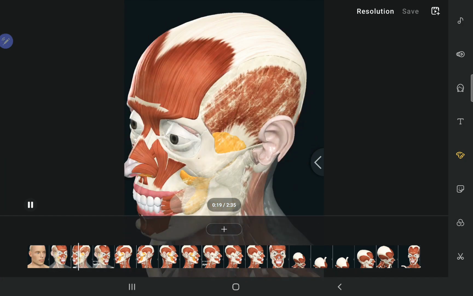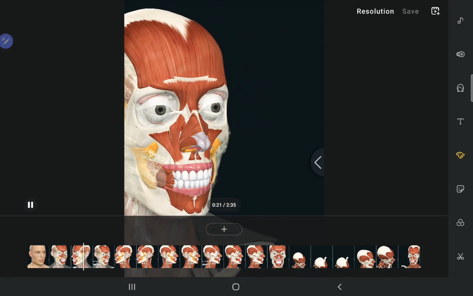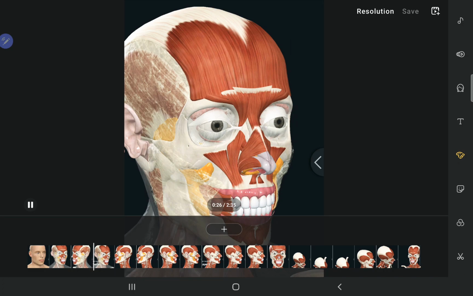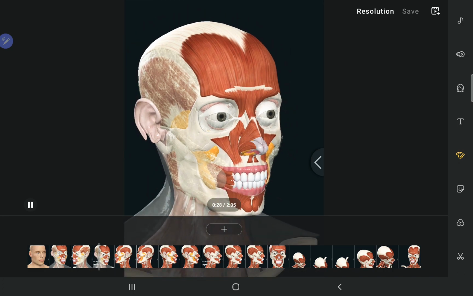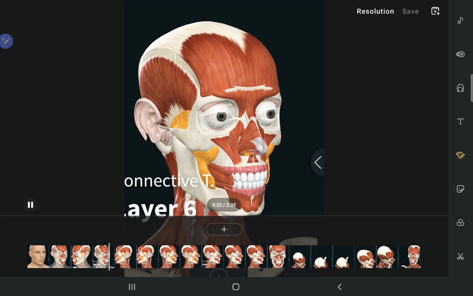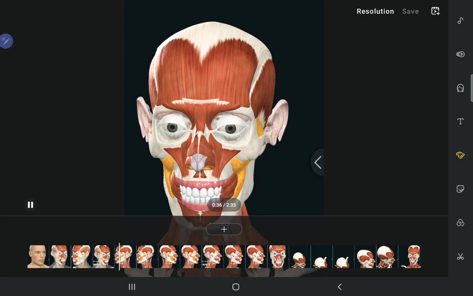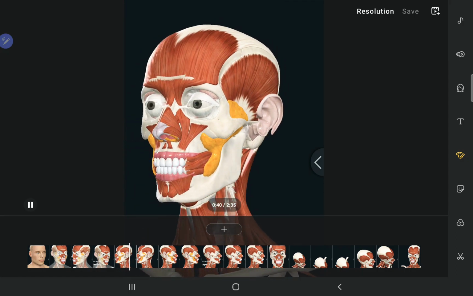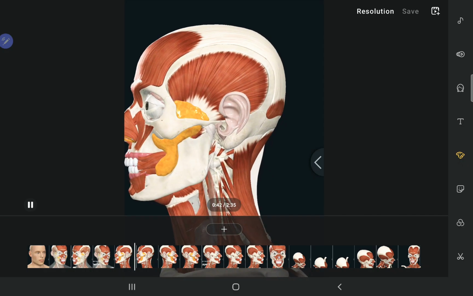I am showing you the superficial fascia, the white color, if you can make out beneath the skin. This is the superficial temporalis fascia. Now we have reflected the superficial fascia. The yellow one in the temporal region, you can see over here, is the fat pad.